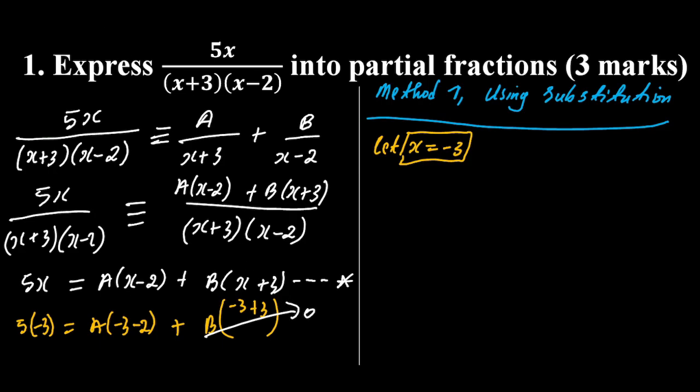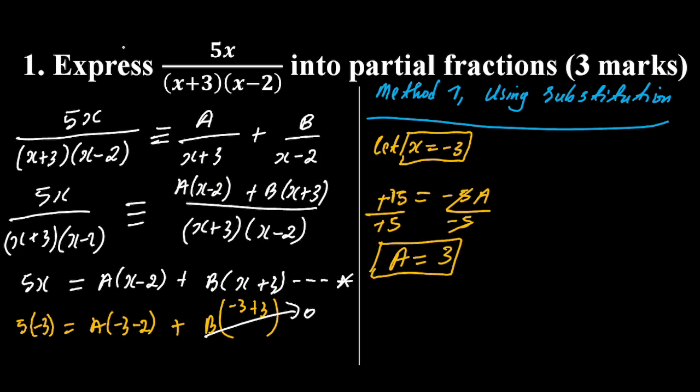So our equation is going to be minus 15 equal to minus 5A. Now dividing all through by minus 5, the minus 5 cancels, so our A is going to be 3. And this is our value of A.